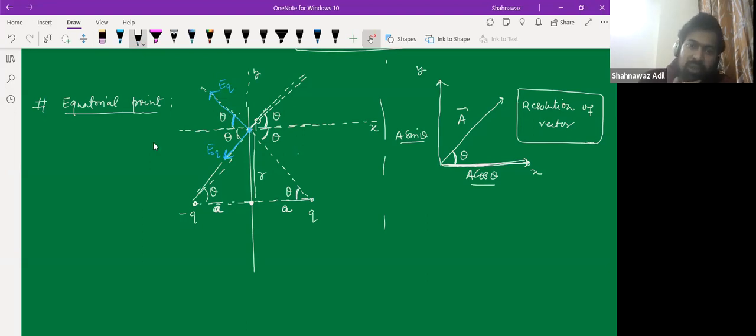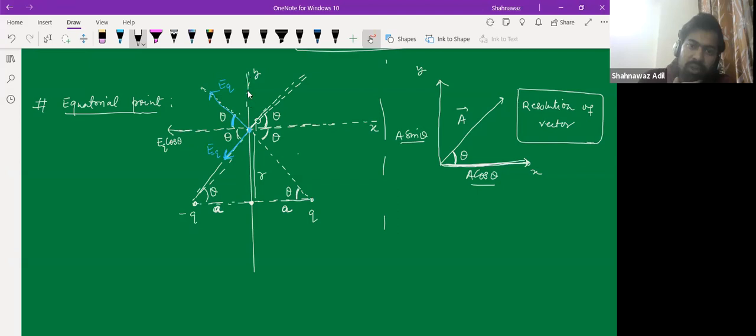So what would be this component? Can you guys tell me what would be this component? This is EQ cos theta, right?